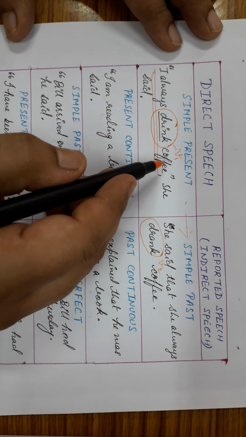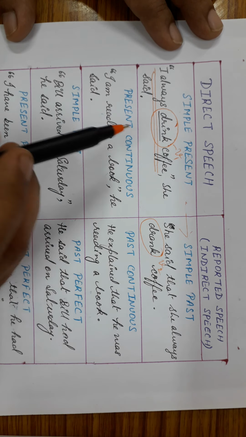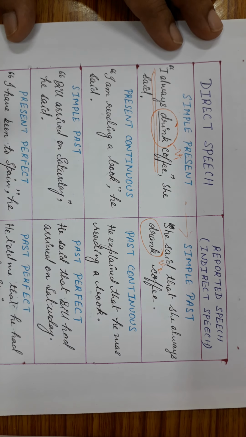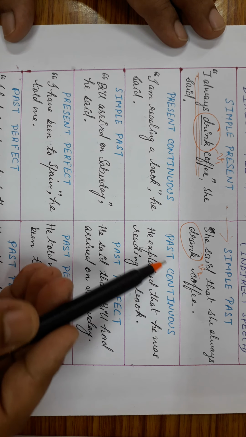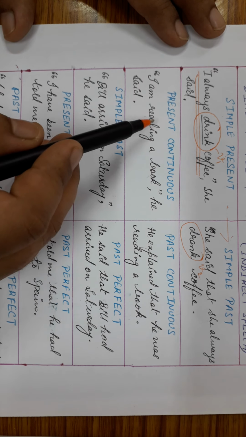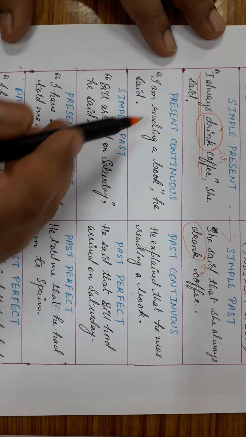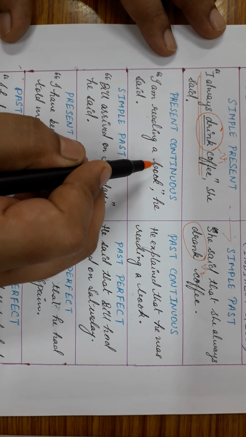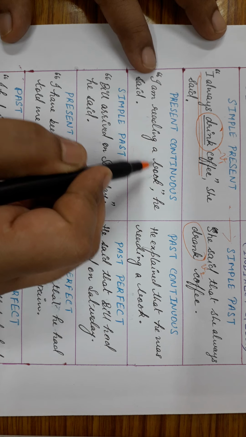Now you see the first example once again. Simple present converts into corresponding simple past. Next, present continuous changes into corresponding past continuous. Let's see the example. In direct speech we have this sentence, "I am reading a book." Now how can you determine this reported clause is in present continuous?